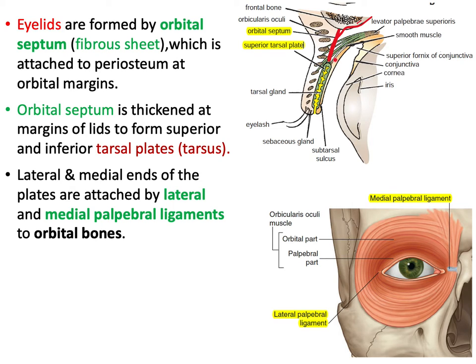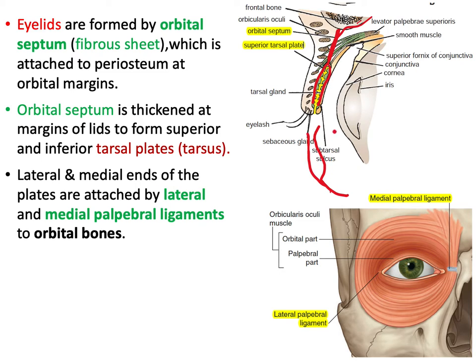Now the orbital septum, of course, is thickened at the margin of the eyelid to form the superior and inferior tarsal plate. Look at the orbital septum, it's thickened here superiorly, and you have another one here thickened inferiorly. So this is the superior tarsal plate, and this is the inferior tarsal plate.